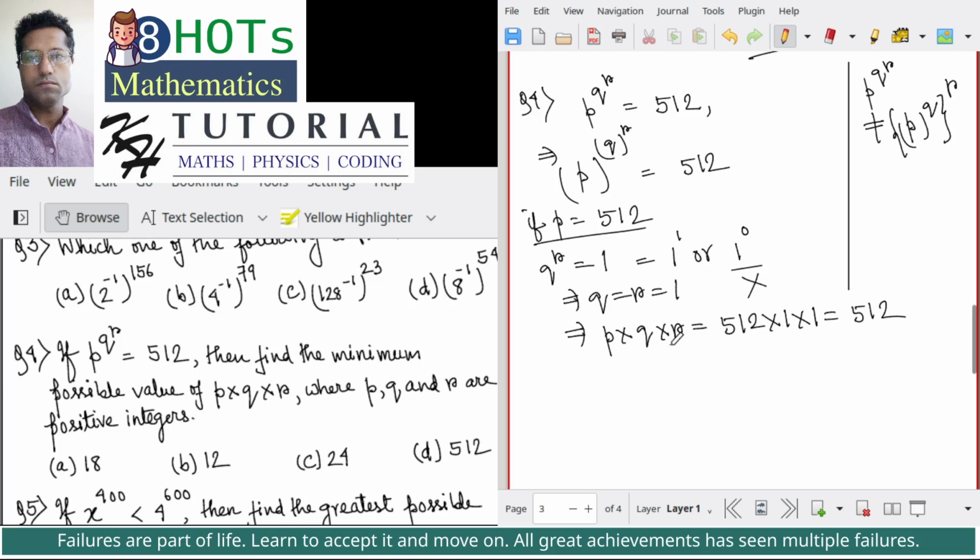So what can p be so that we can raise it to some power which will be equal to 512?